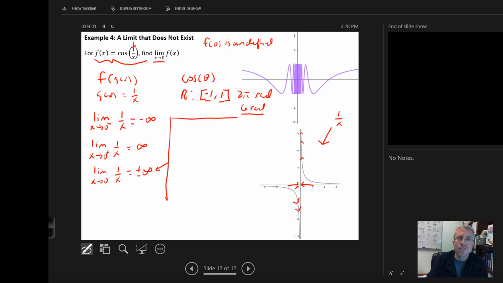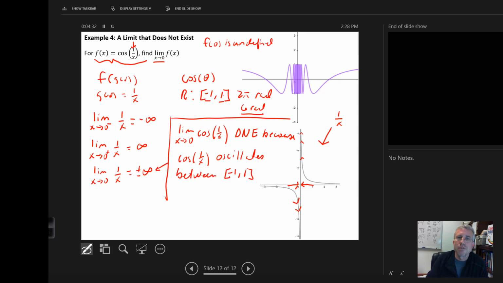So the conclusion is, in this case, the limit as x goes to 0 of the cosine of 1 over x, we would say in this case that it does not exist because the cosine of 1 over x oscillates between -1 and 1 infinitely many times as x approaches 0.